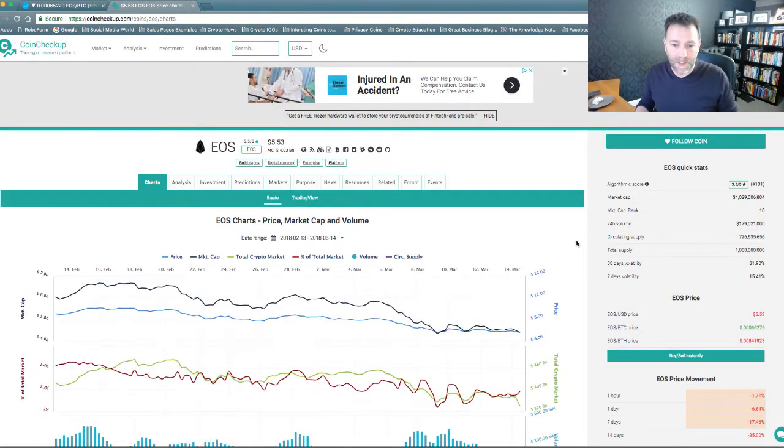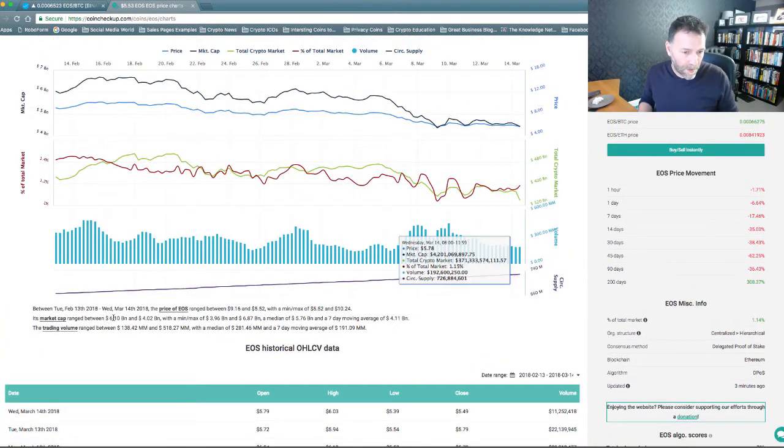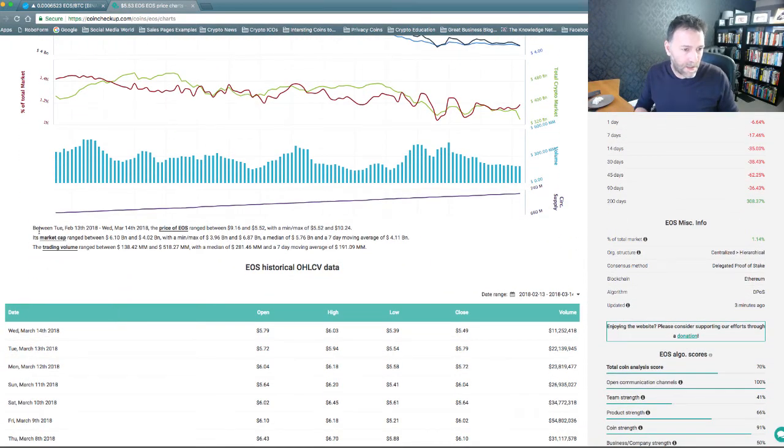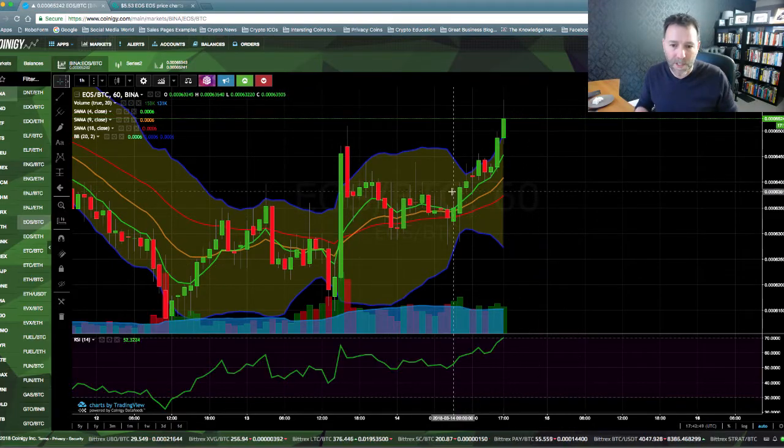EOS $5.53 was the high. $9.16, $10.24. So that actually might be a good opportunity there. It's only gone up 2%. 6269, it's now 65.